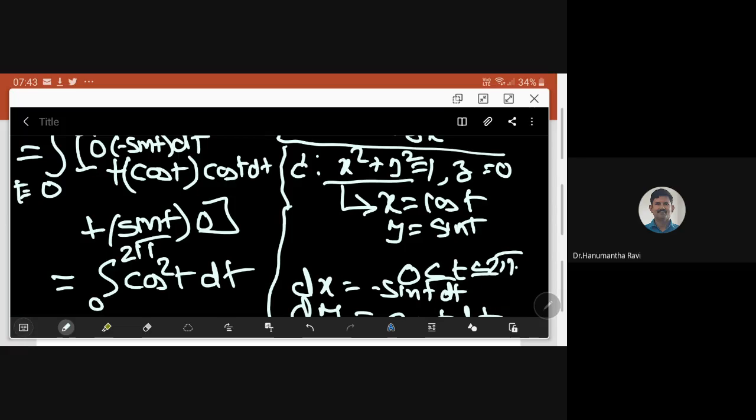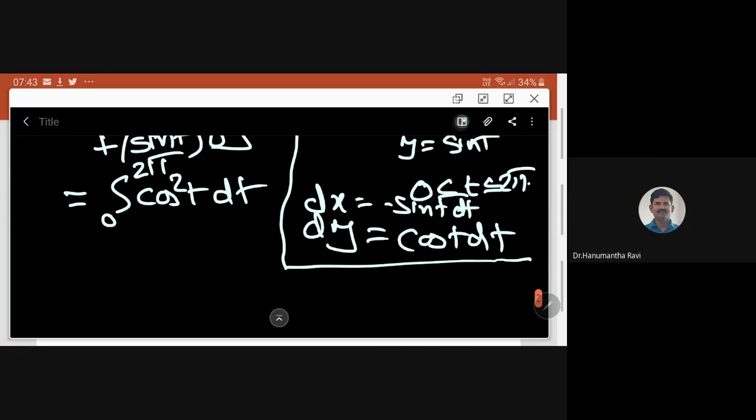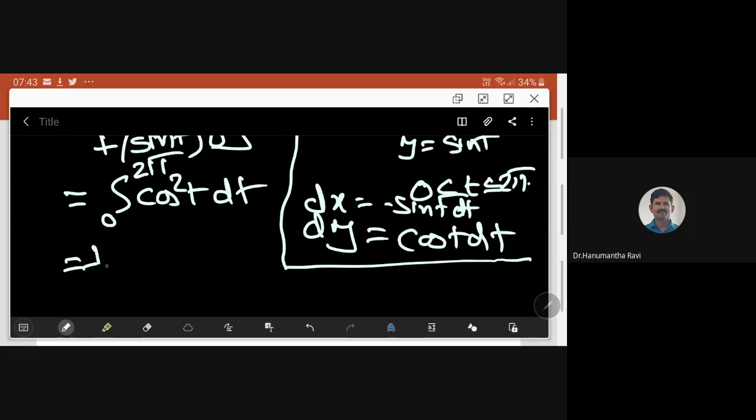Cos square t is nothing but (1 plus cos 2t) by 2. So 1 by 2, integral 0 to 2 pi, 1 plus cos 2t dt.